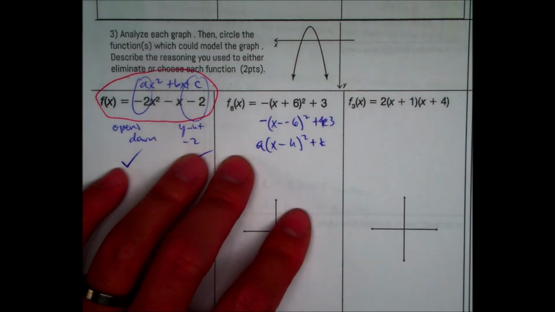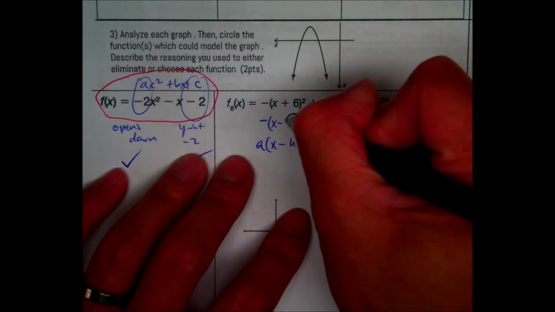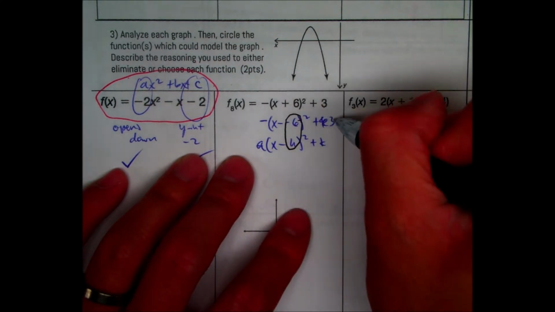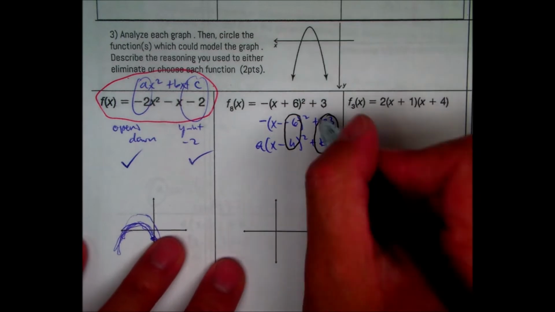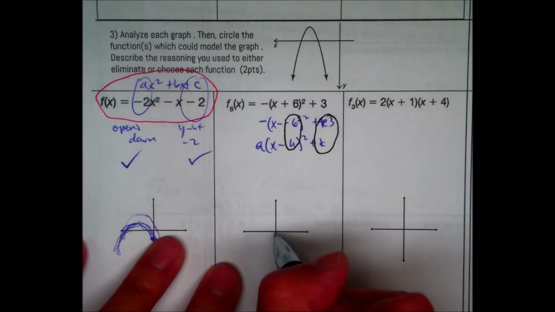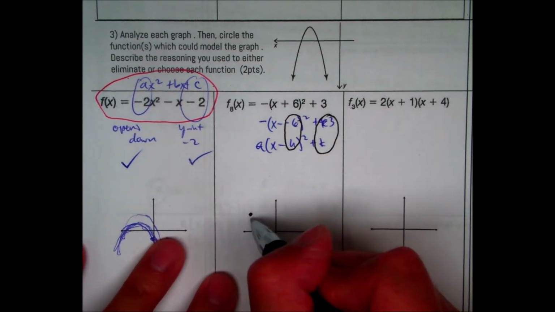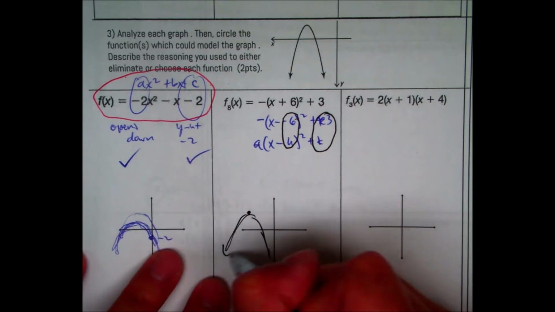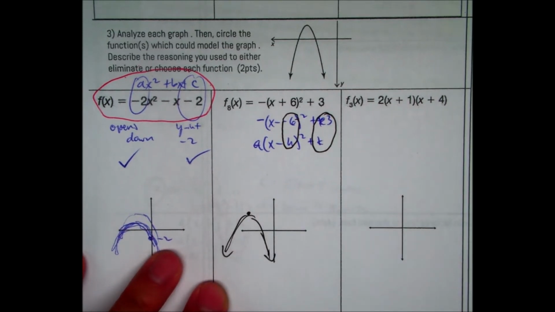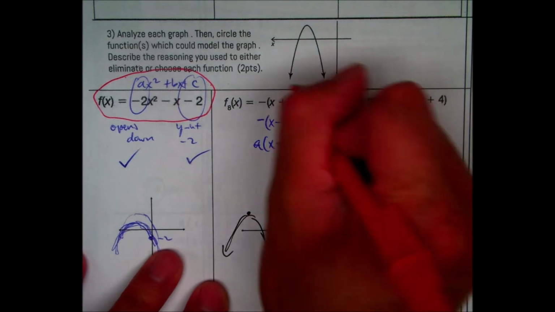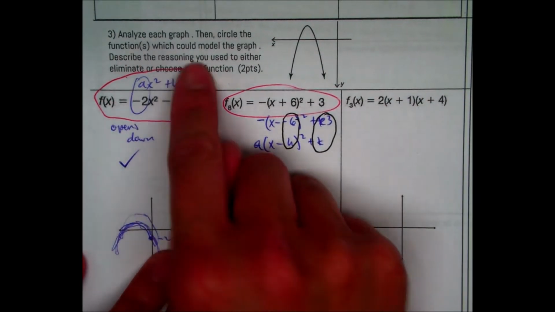Should have been 3. And then we can see that our h value is negative 6 and k value is positive 3. So left 6, up 3, graph down. So I'm going to circle this one.